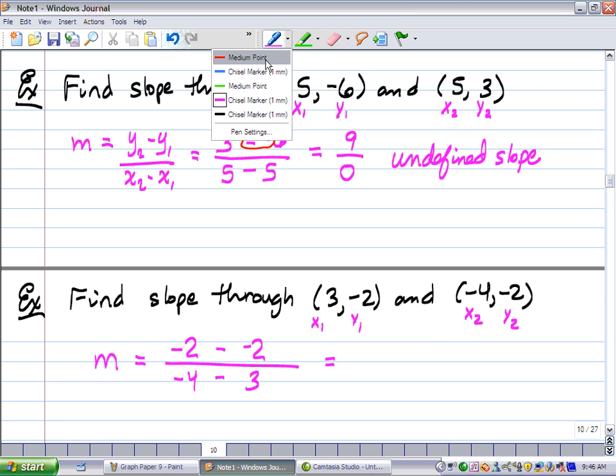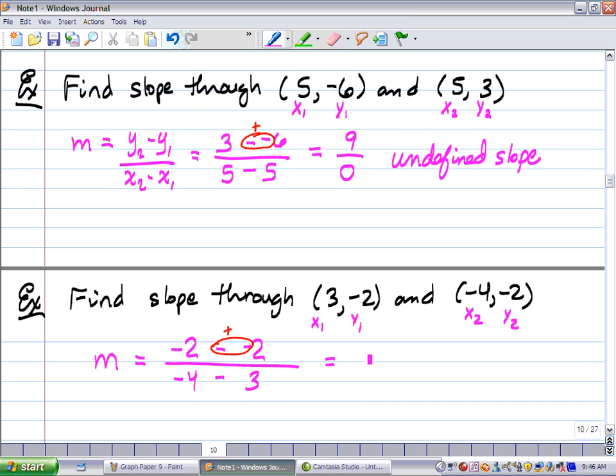Again, I get those two negatives together, making a plus. So negative 2 plus 2 is 0, and negative 4 minus 3 is negative 7. That's perfectly fine. That's 0. And if I were to graph these 2 points, I would get the horizontal line, the 0 slope line. That's how you find the slope using the coordinate points.